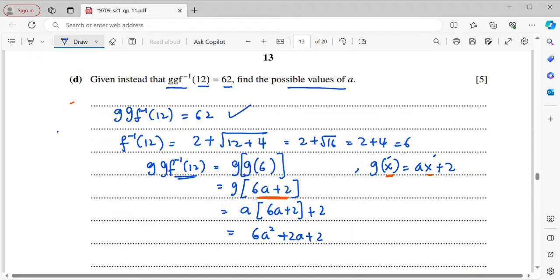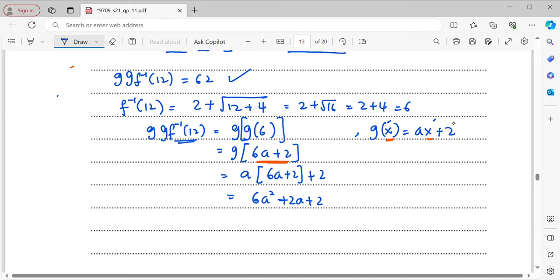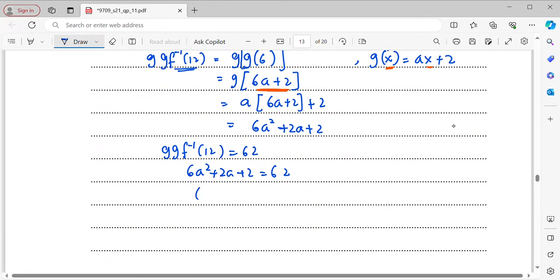And now given, it is 62, which means 6a squared plus 2a plus 2 is 62. Then from here, I will be getting 6a squared plus 2a. This 62, you move to the left side and total up, it will be negative 60 equals 0.